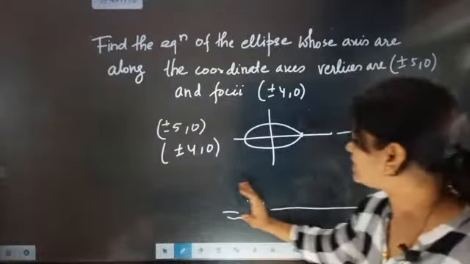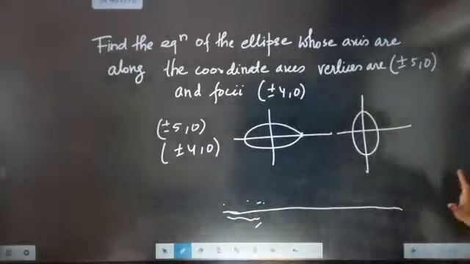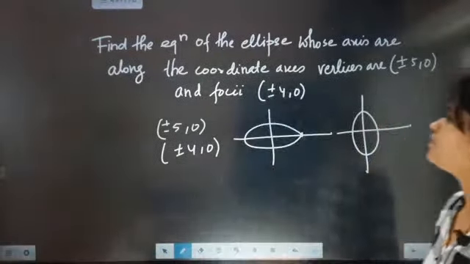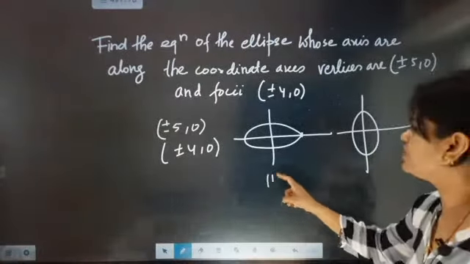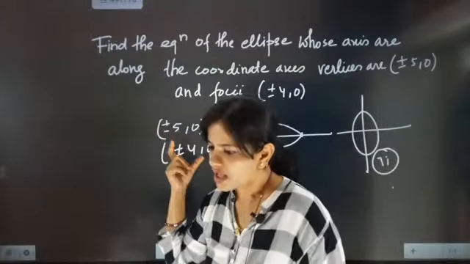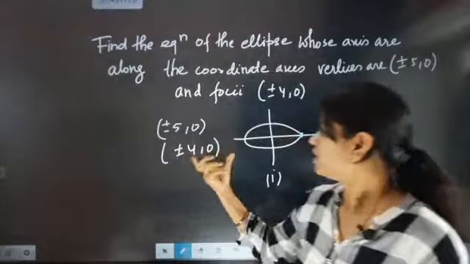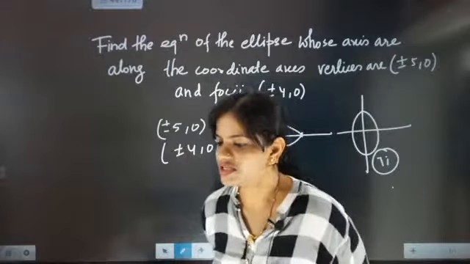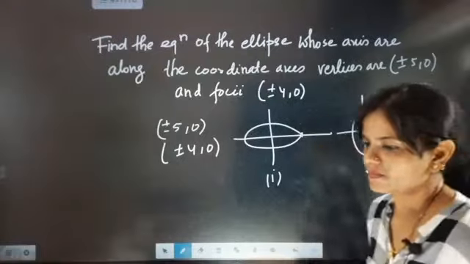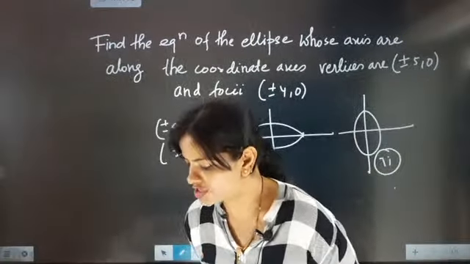So come on, quickly tell me, which type of ellipse will it be, first one or second one, by seeing the vertices and the foci point. Gautam is telling first one.